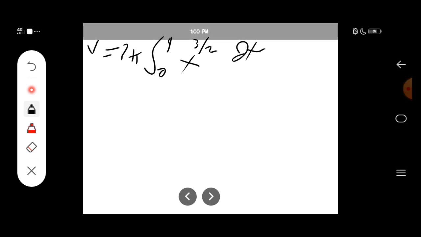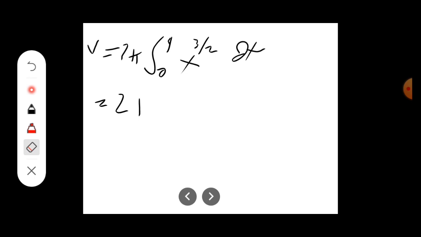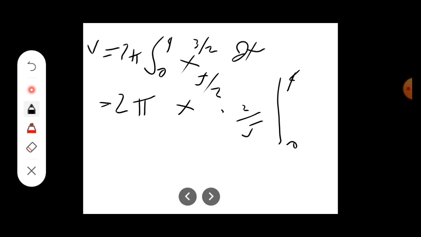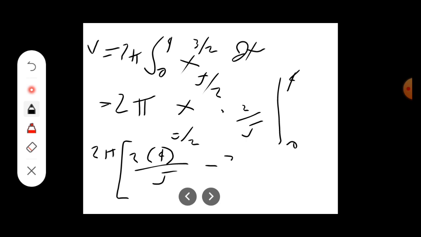So 2 pi times x raised to 5 over 2 times 2 over 5, with limits from 0 to 4. So 2 pi, let's substitute 4 and 0 for x. So 2 times 4 raised to 5 over 2 all over 5, minus 2 times 0 raised to 5 over 2 over 5.